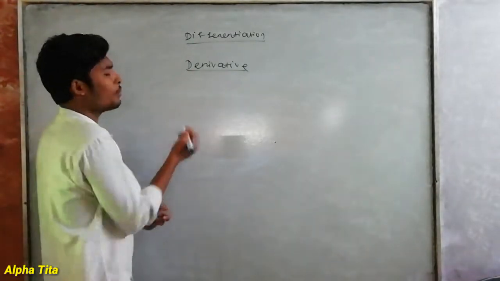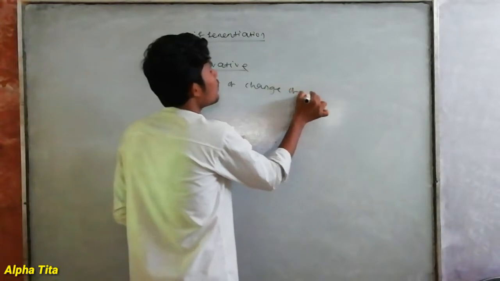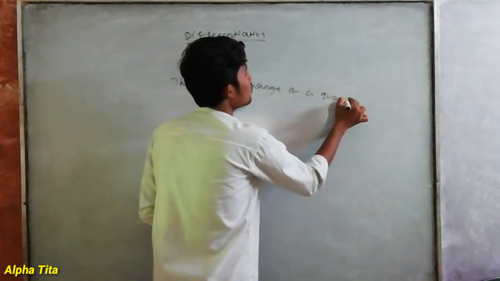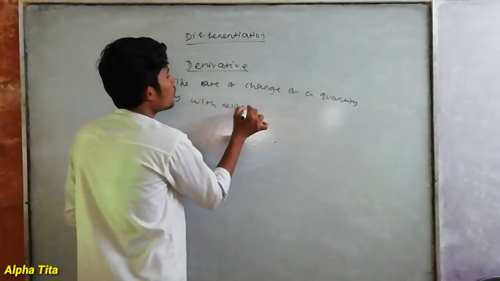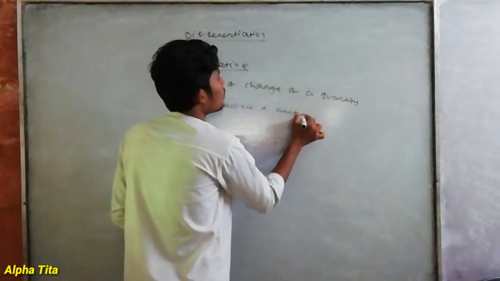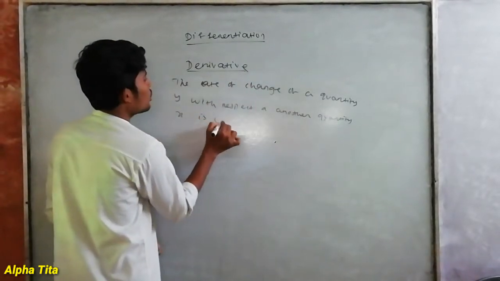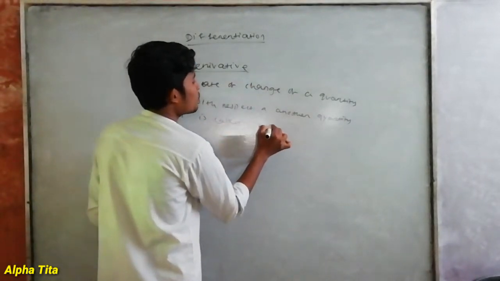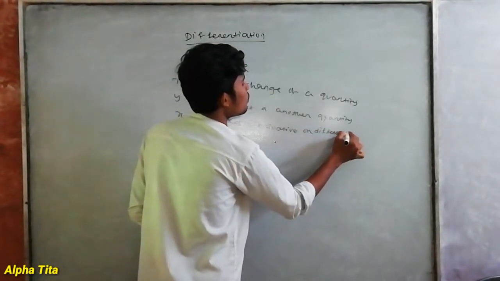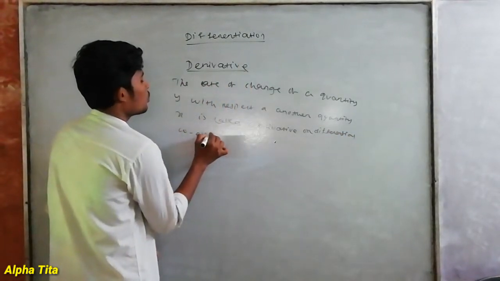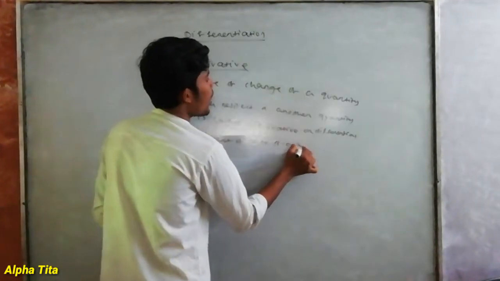Write this in your notes: the rate of change of a quantity y with respect to another quantity x is called the derivative, or differential coefficient, of y with respect to x.